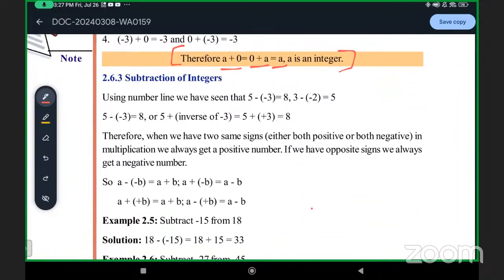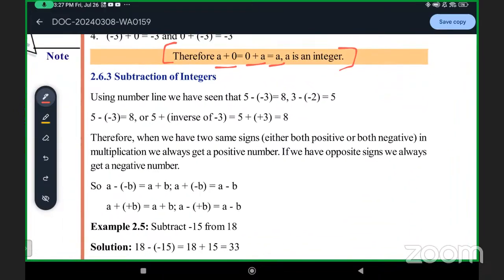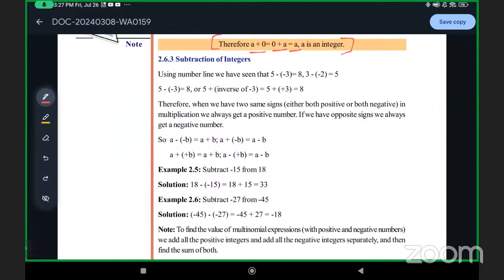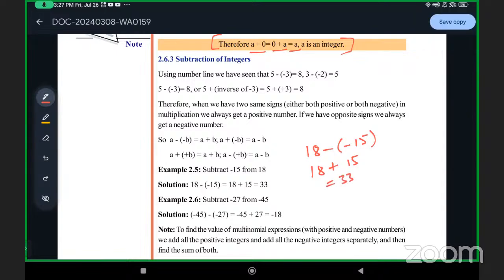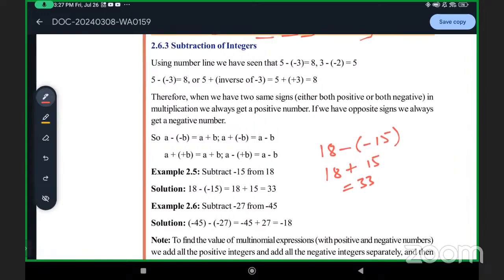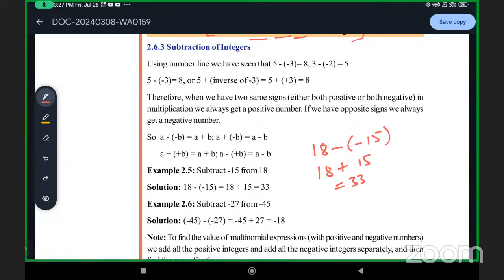Then subtraction of integers we have. Subtract minus 15 from 18. So we can write it as 18 minus minus 15. Minus minus becomes plus. So 18 plus 15, I'll get 33. Then these are some examples.